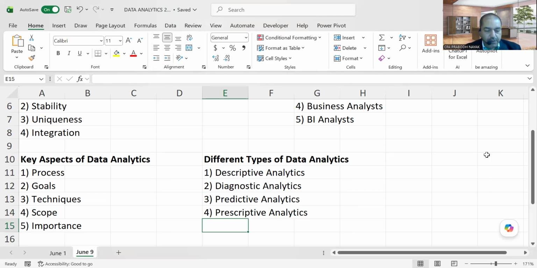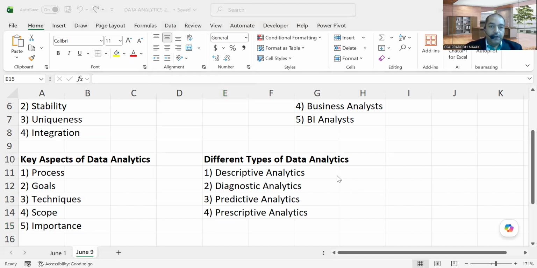So let us start with descriptive analytics. Descriptive analytics basically deals with past data, historical data. It will help you to answer questions like what happened in the past over a given period of time.